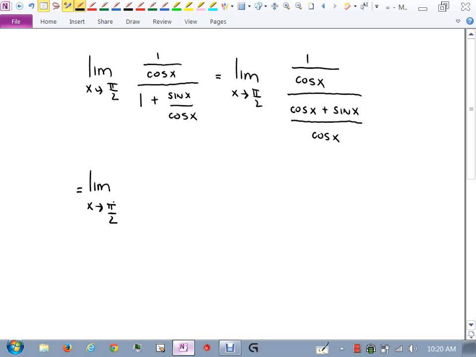See, this cosine x is up here. This cosine x plus sine x is down here. This is gone. These cancel. So you're left with what? 1 over cosine x plus sine x. Yeah? And let x go to pi over 2.